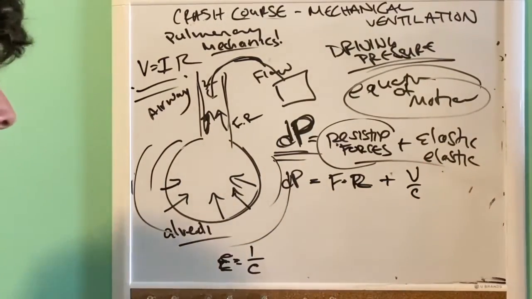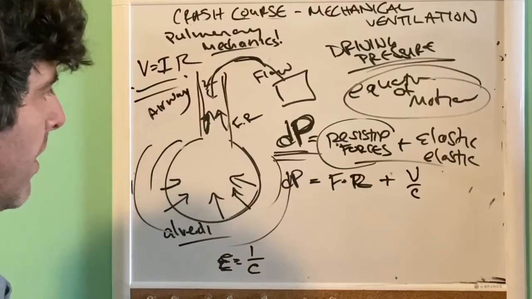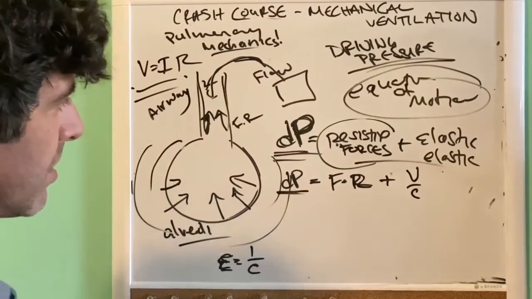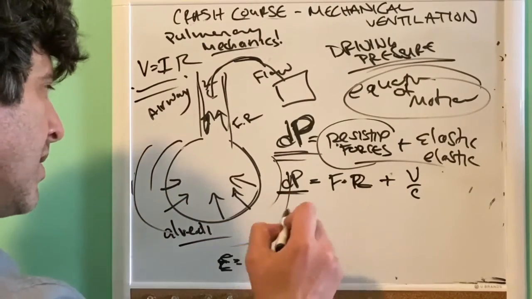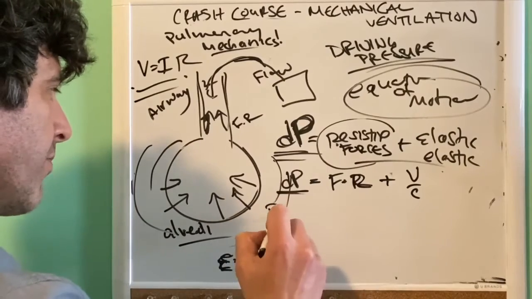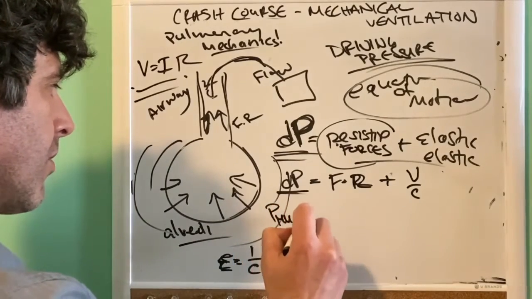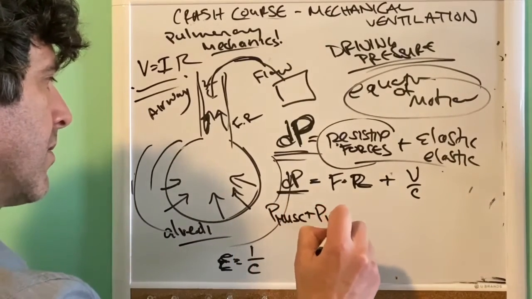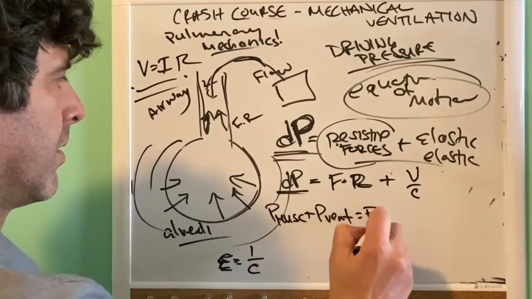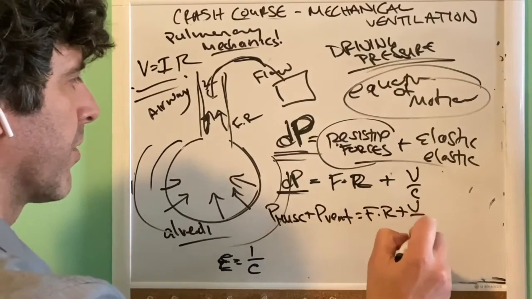That makes sense. Now, if we want to take this further, the pressure that has to be exerted has to be equal to these. That pressure can either come from the muscles of the patient or from the vent, and equals flow times resistance plus volume over compliance.